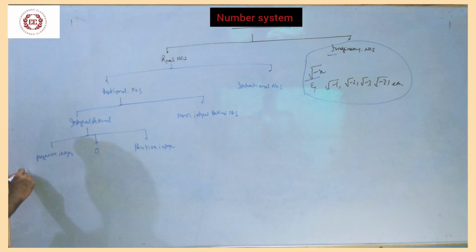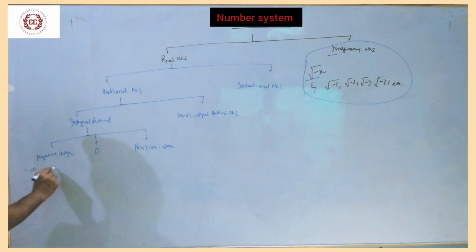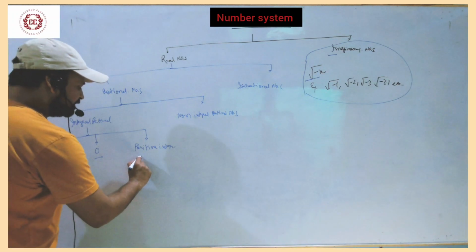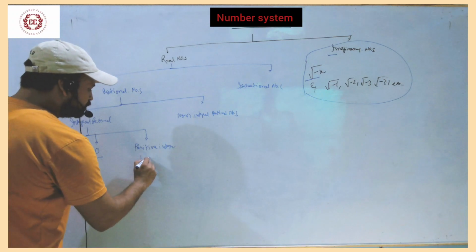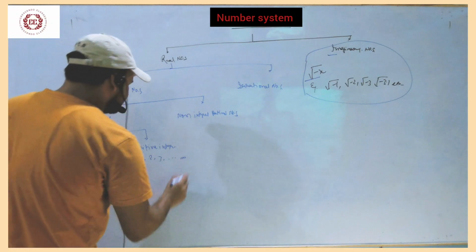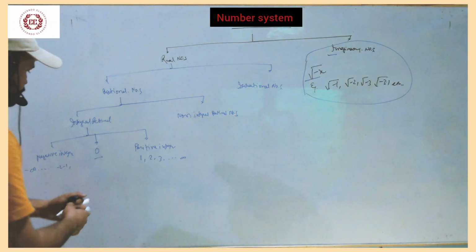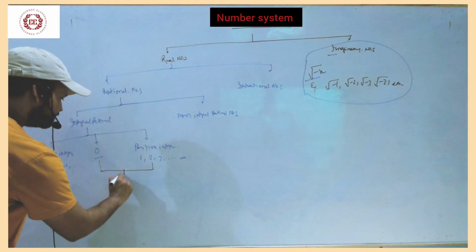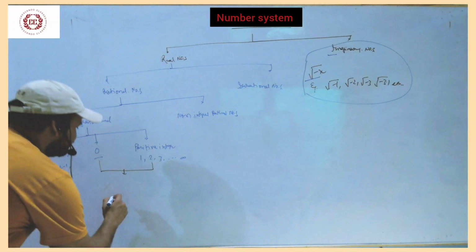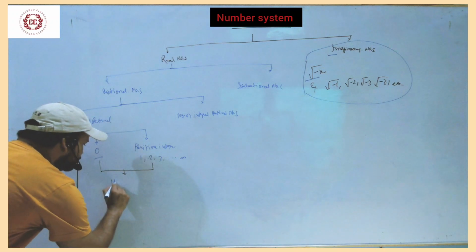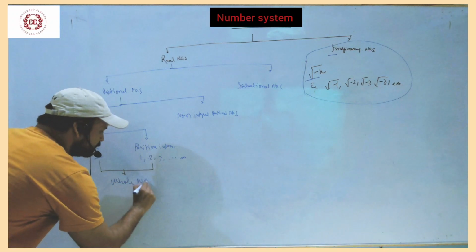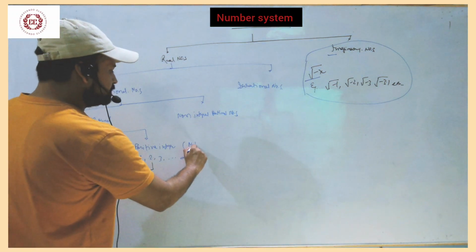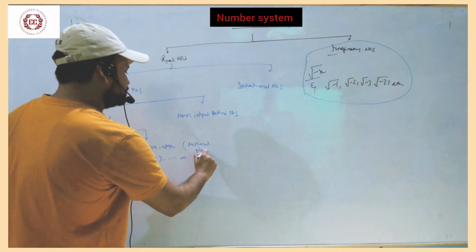Negative integers means minus infinity to minus 2, minus 1. 0 will be 0 and positive integers will be 1 to infinity. 0 and positive integers are cumulatively called whole numbers, and positive integers are called natural numbers.